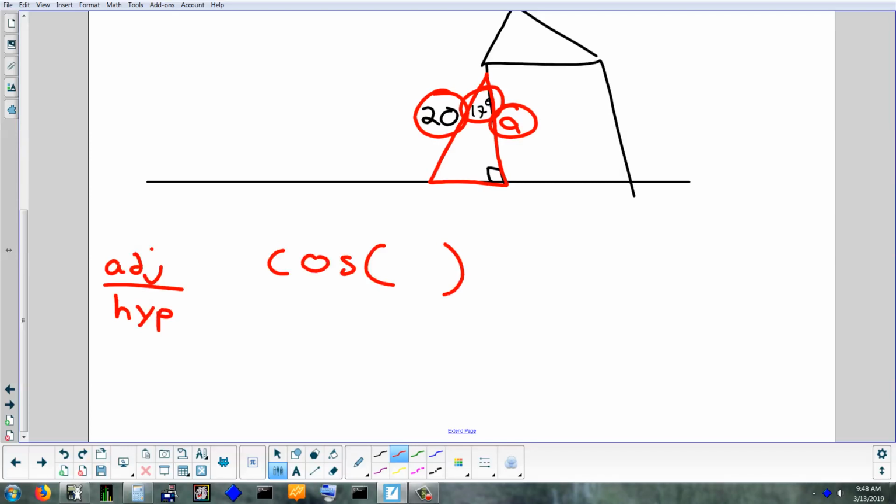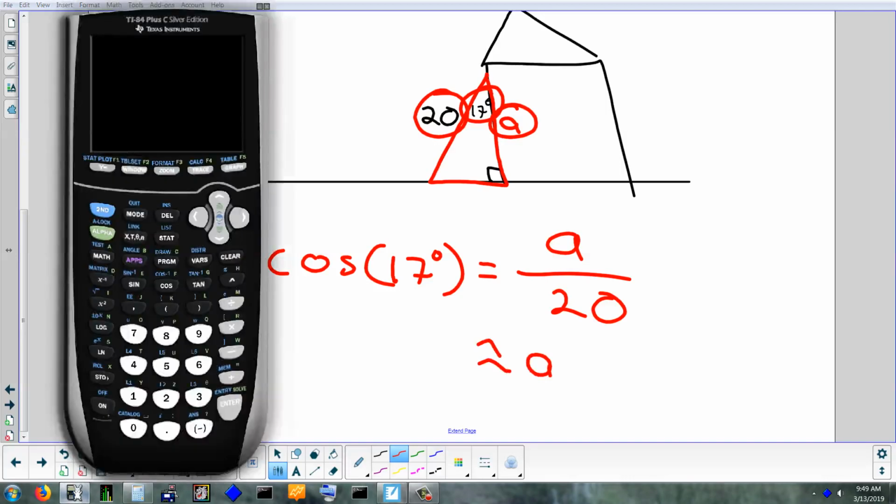So the cosine of 17 degrees equals, and what's going to be my fraction on the other side? A over 20. And my last step? Multiply both sides by 20.